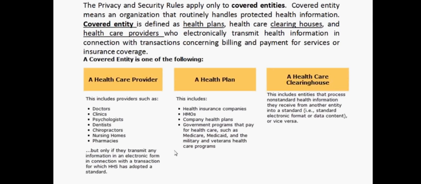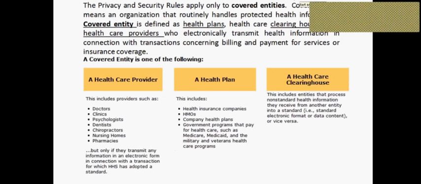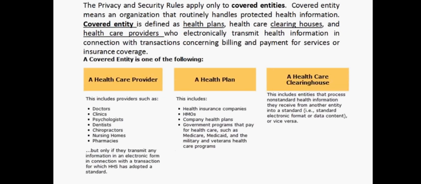Hi, Raghu. What does this HHS mean? Yes, in the healthcare provider part. I'm seeing it on the slide. Where is that? That's in healthcare provider, just in connection with a transaction for which HHS has adopted a standard. In the bottom.